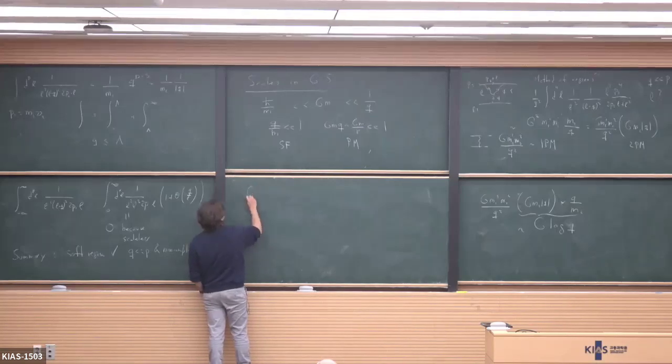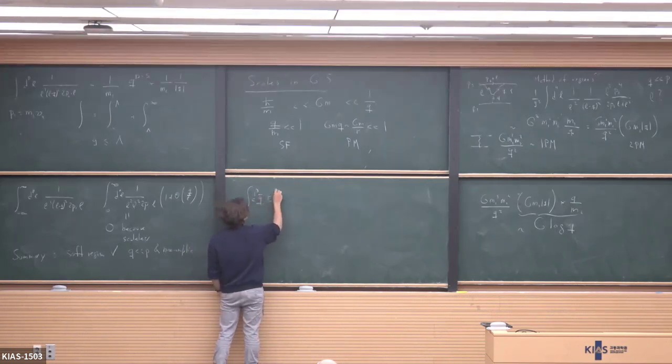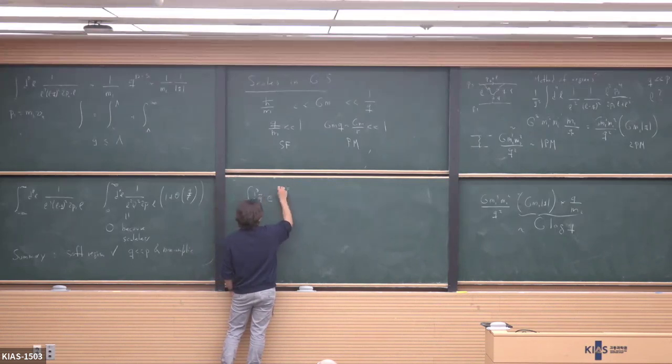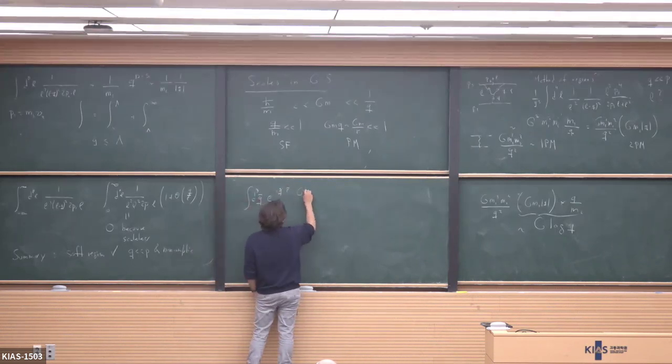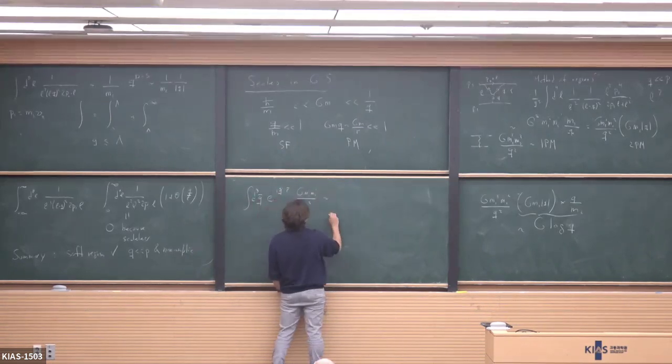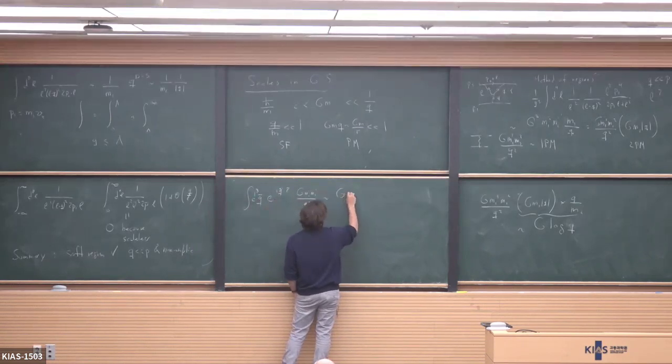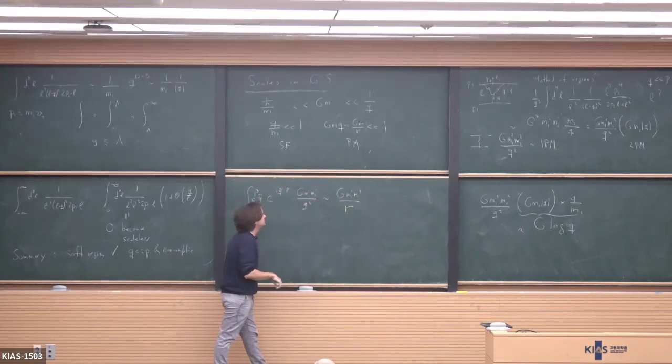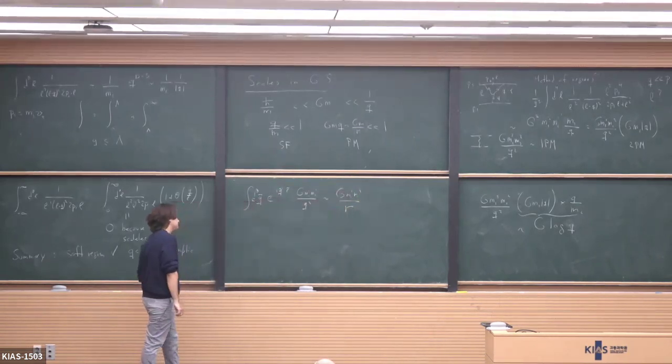So if I take this, it goes like g m1 squared m2 squared over r. So this just looks, okay, except for an overall factor, it looks like the Newton's potential.